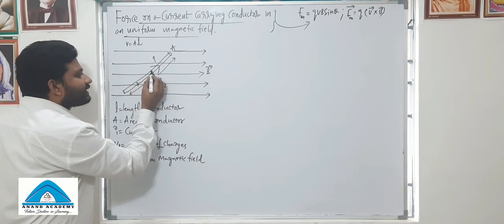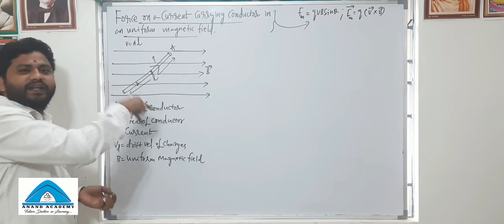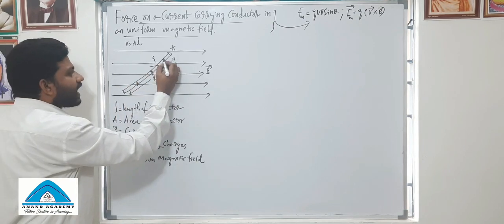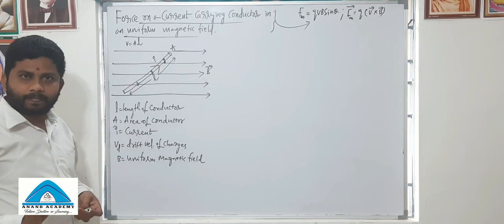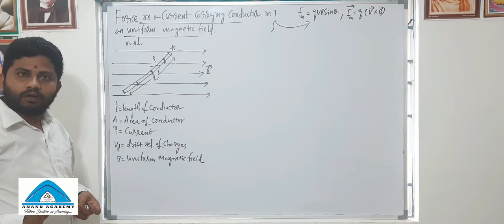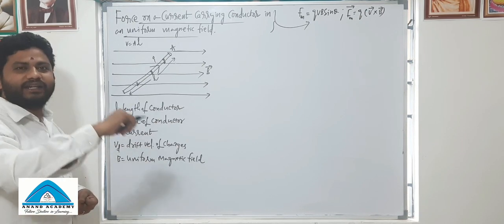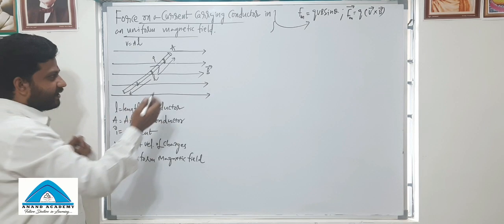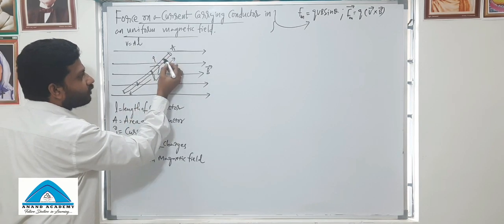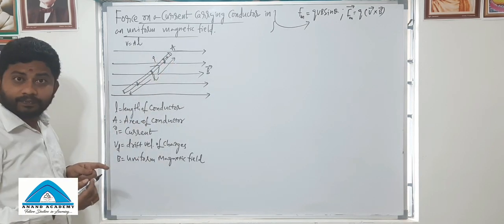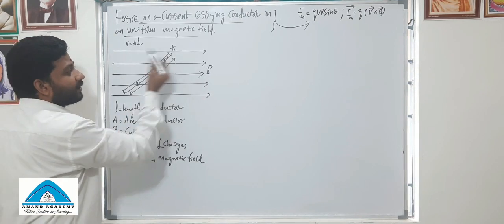On this another charge Q, here also there is a magnetic force. On this charge also there is a magnetic force, right? What is that magnetic force on that particular charge? For example, this is the charge I have taken which is moving in this direction. That means its drift velocity is also in the same direction.